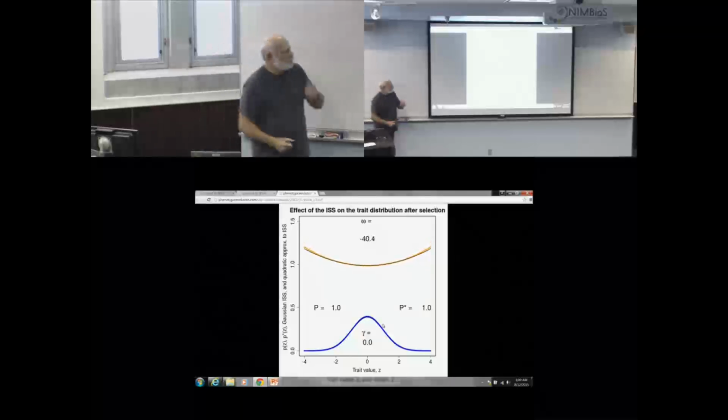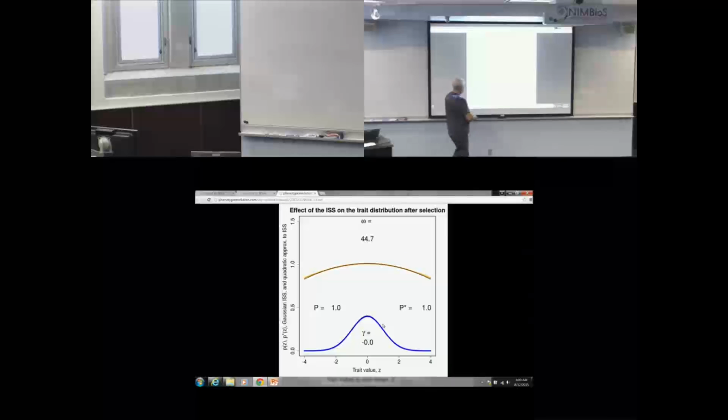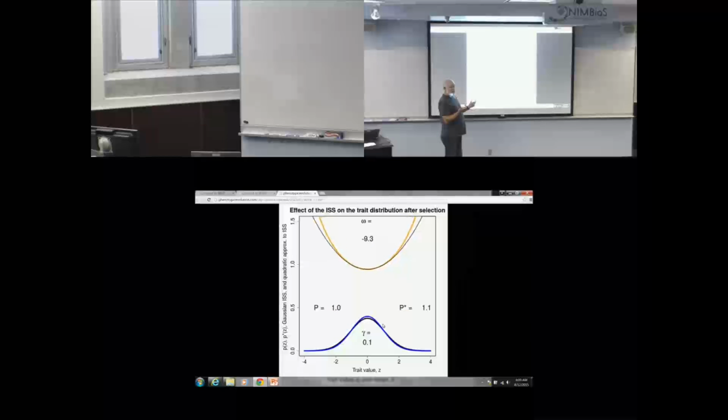All right. Let's explain what's going on. Okay, here is the phenotypic trait distribution in blue. Here, in black, is the phenotypic trait distribution after selection. And actually I think it's the same animation we saw before.